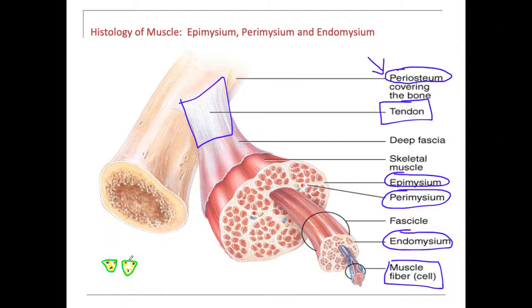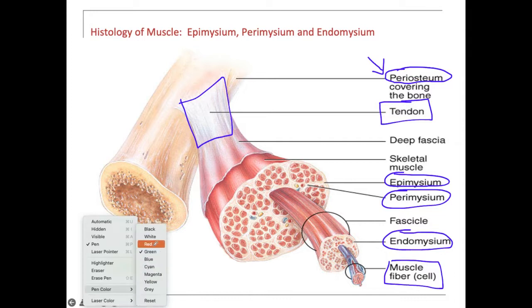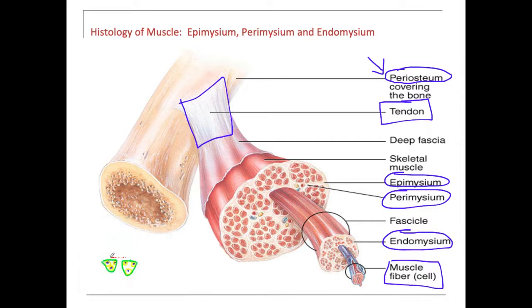Then I can have something going around. Let me change the color once again. Let's change it to red. And now that one is the epimysium. Okay, so we had an endomysium on the inside, and then external to that, we had a perimysium, and all the way on the outside was the epimysium.